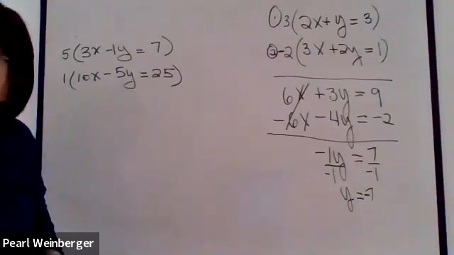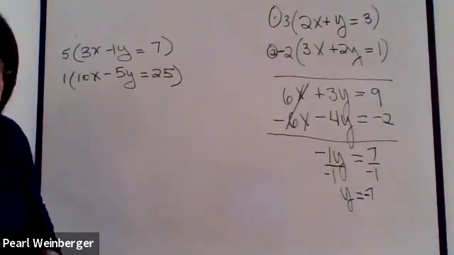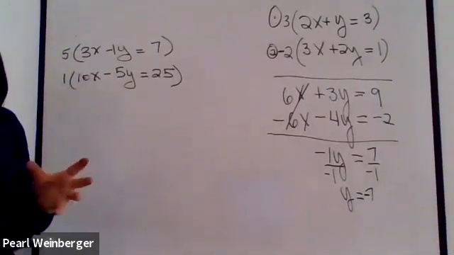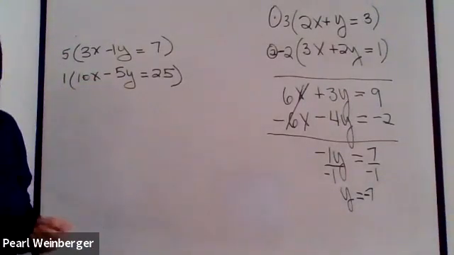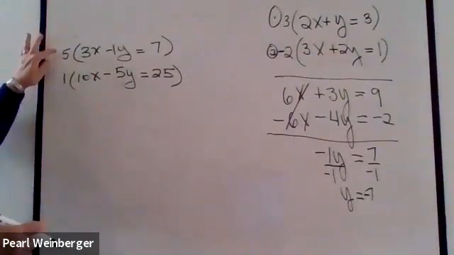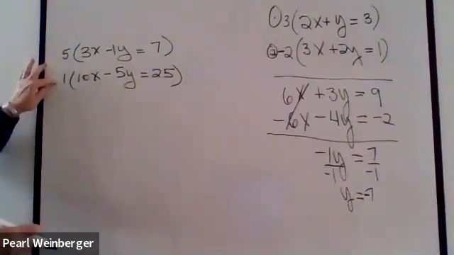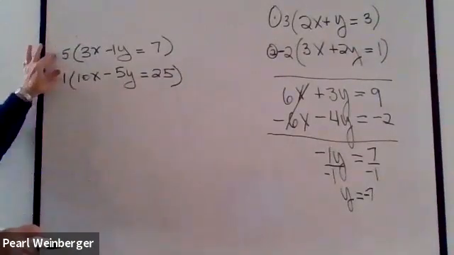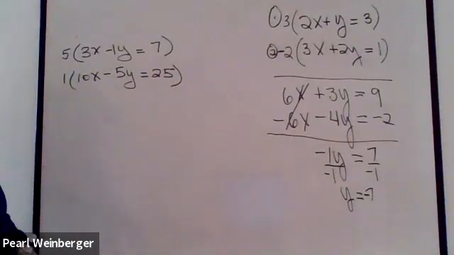No, we need them to have opposite signs. If one would have been positive and one would have been negative, that would have been perfect. That's what I want. But in this case, they're both negative. I need one of them to become positive. So I have to take one of the numbers that I'm multiplying by and make it negative. Should I make the 5 the negative or the 1 the negative? Does it matter? No? The 1.